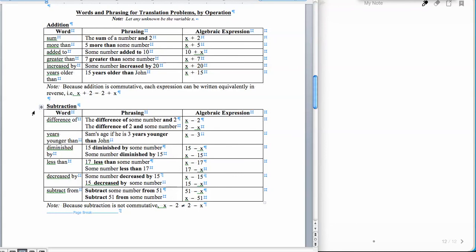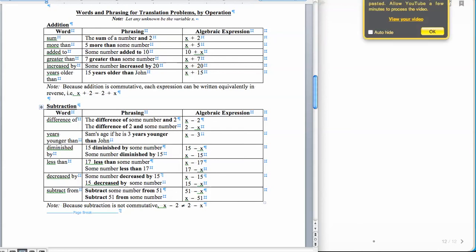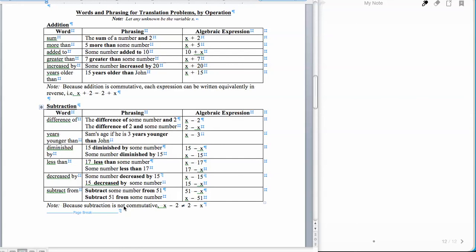Now let's go down and talk about subtraction, and that'll be where we'll run out of time here. With subtraction, again, we have a bunch of words. This time order does matter when we're writing these things down because subtraction doesn't have that commutative property. So what we are going to be worried about in that case is writing them in the correct order.